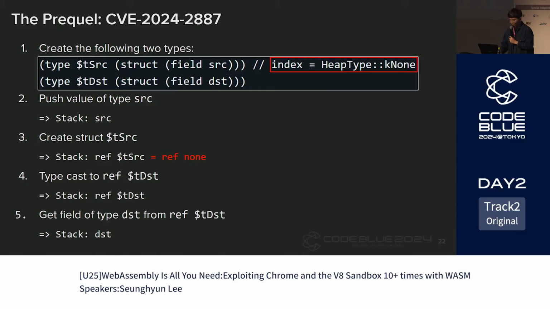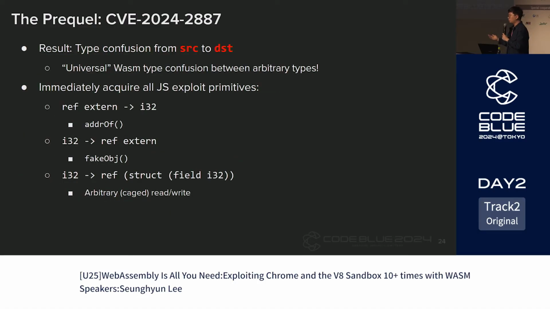Looking at the whole code flow, it's quite evident that we're confusing a random field of the source type into another random attacker-defined field type in the destination type. So this results in a universal WebAssembly type confusion from the field type source to the field type destination.